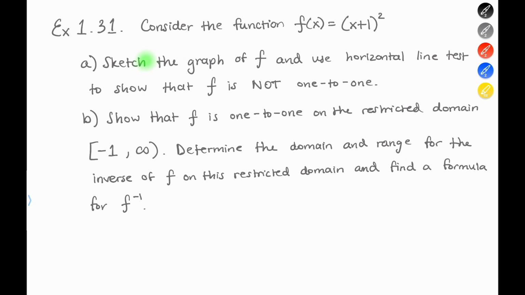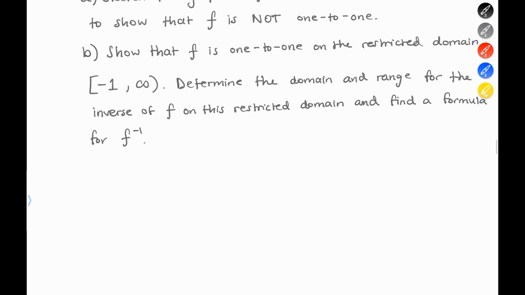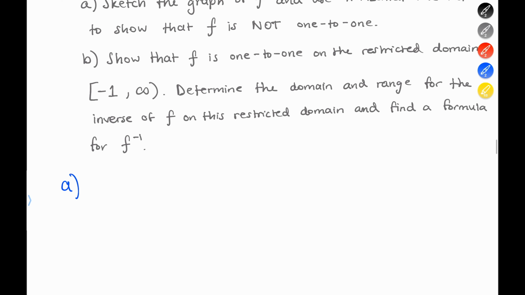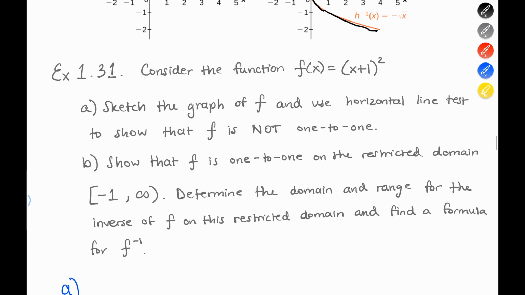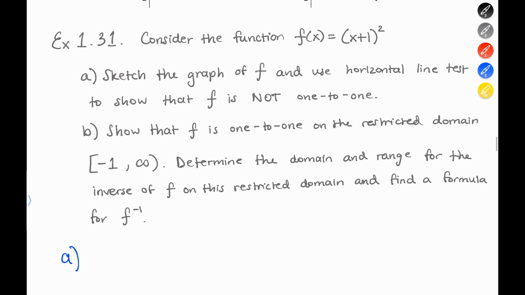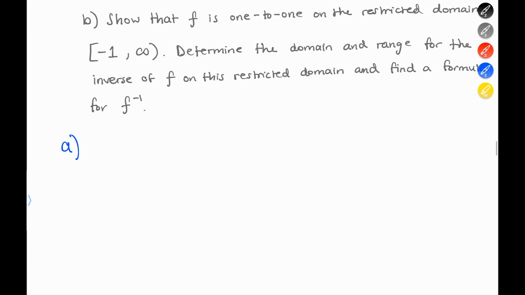So it says sketch the graph of f, and use a horizontal line test to show that f is not 1 to 1. So for A, we see that the x squared parent function is translated 1 unit to the left.